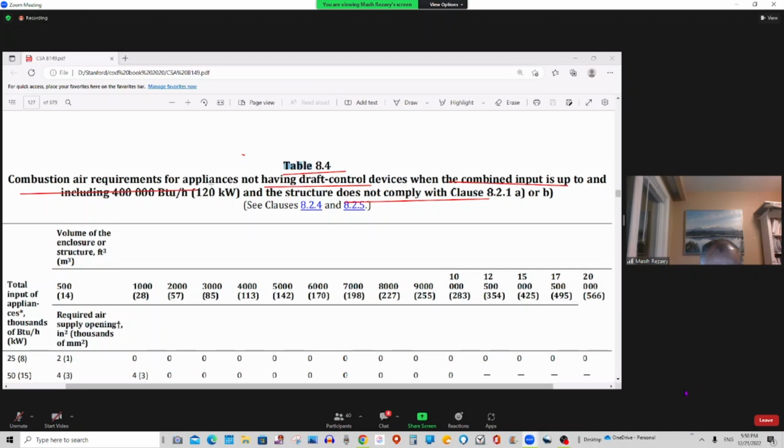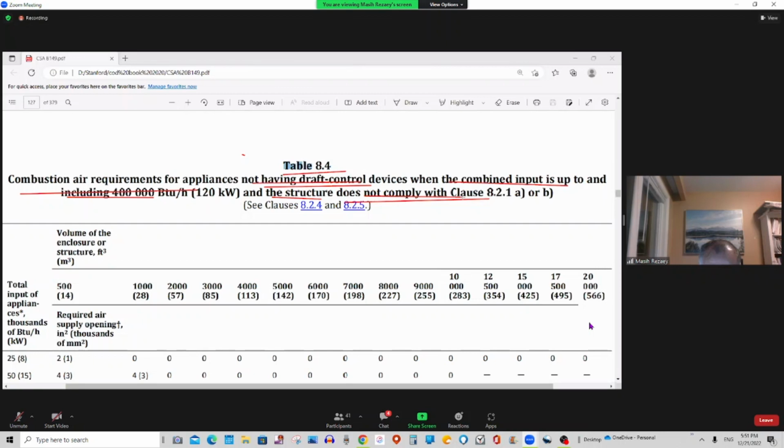When it doesn't have draft control, it means not natural draft, so it should be fan assisted. So a fan assisted appliance, where the BTU is up to 400,000, and the building does not comply with clause number 8.2.1 A and B. What does it mean? It means loose house.